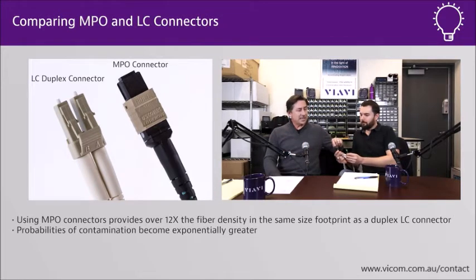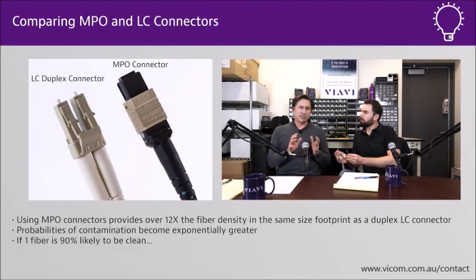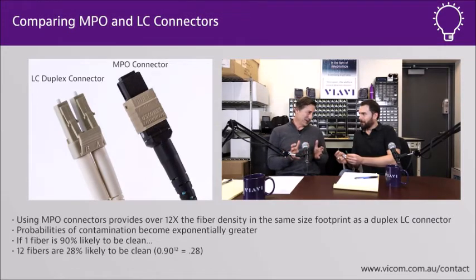If we say there's a 10% chance that a fiber is dirty, which means there's a 90% chance that it's clean, well, if we have 12 of them in a row, you take that 90% chance it's good to the 12th power. That's how you add up the probabilities, and you get something like a 30% chance that all the fibers are clean together. That all those fibers together are clean is way, way more unlikely than one fiber by itself being clean. Add those things up, and what you get to is that they're contaminated.